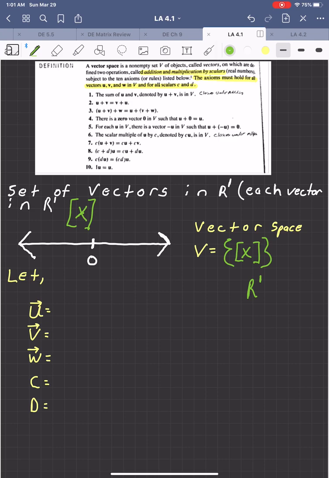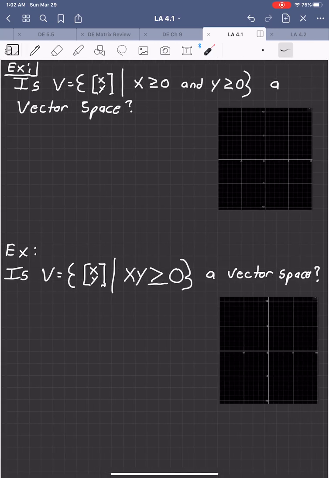You would begin by listing, you would need 3 vectors, 2 scalars, and you would then proceed to show that each axiom holds. Okay? So we're going to make it a little bit easier than that. You can see how that would be time consuming. It's time consuming just verifying subspaces, and there's only 3 axioms for subspaces.